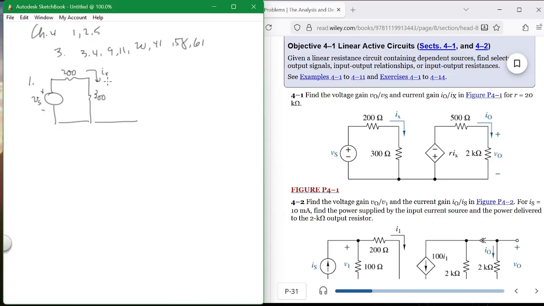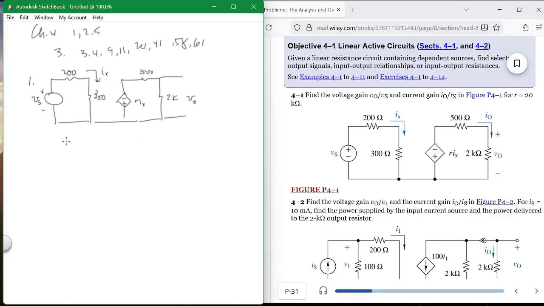Little i means it's a time-varying signal. So you're looking at a ratio. Basically, this is an AC circuit. This is going to wiggle. This is going to vary. And then over here you've got a diamond, which is a dependent source, minus to plus, and R Ix. Then you've got 500, and then 2K, and V out.